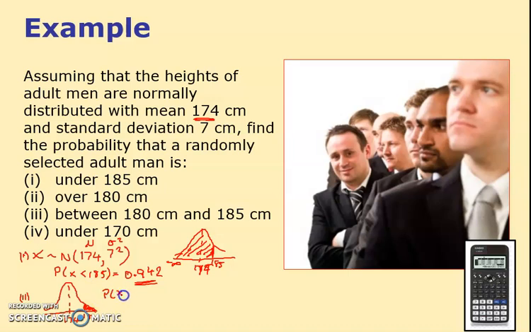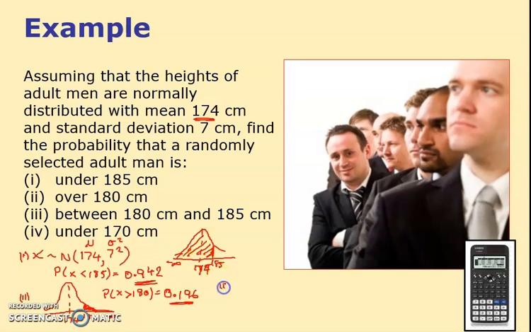The probability that x is greater than 180 equals, and menu 7.2 again. This time my lower number is 180. My upper number goes up and up, and eventually gets to infinity, but we can't type that in, so we go 9999. Sigma is still 7, mu is still 174, and I get a probability this time of 0.196.